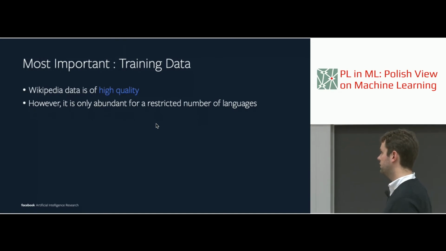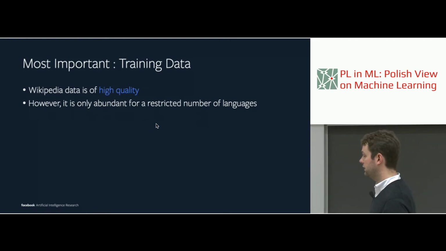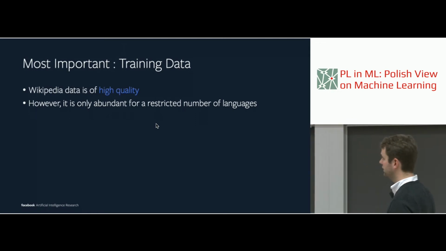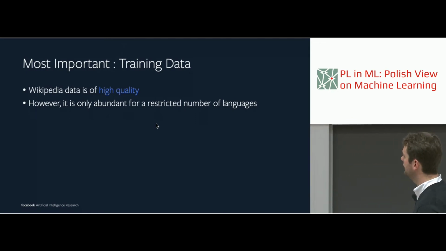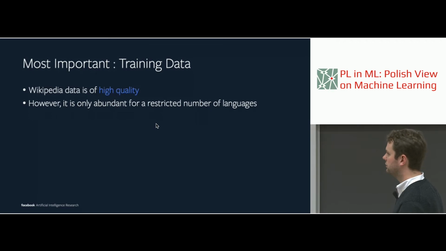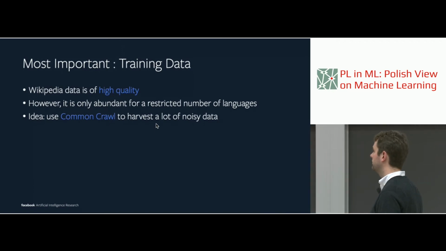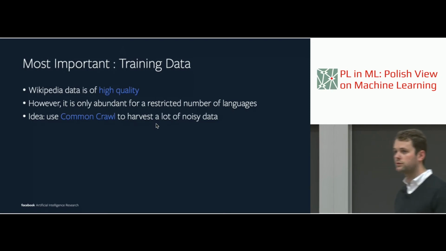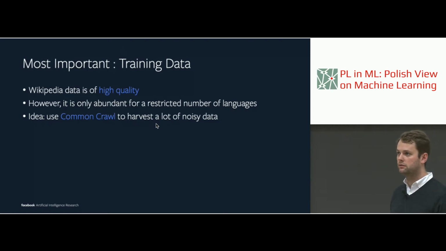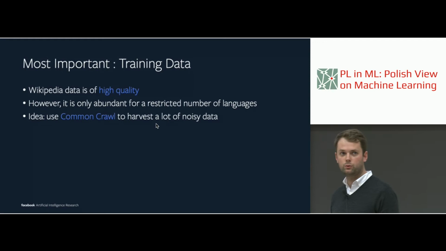So for English, French, Polish, it's going to be fine, but if you work with Hindi, already with Hindi, it's quite strange that Wikipedia is actually pretty small, and there's a ton of languages which have small Wikipedias. So the idea here was to use Common Crawl. Common Crawl is a non-profit organization which crawls the web and saves basically whatever it finds on the web.